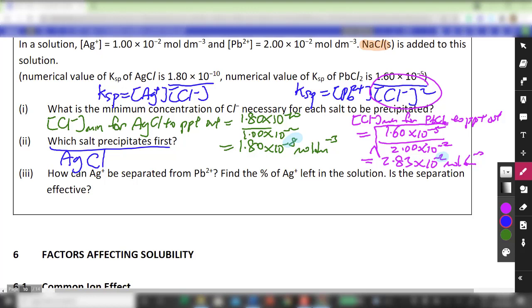In this case, you know that the concentration of chloride in the solution before lead chloride is being precipitated out is actually 2.83 times 10 to the power minus 2. So I will add sodium chloride until just before 2.83 times 10 to the power minus 2. Does that make sense to you?